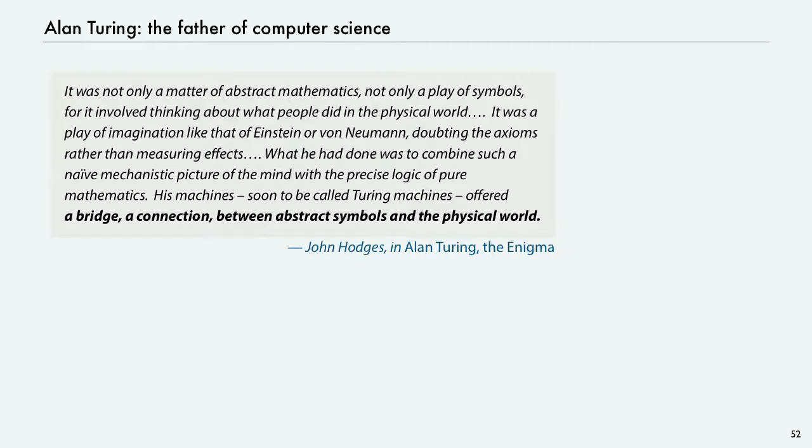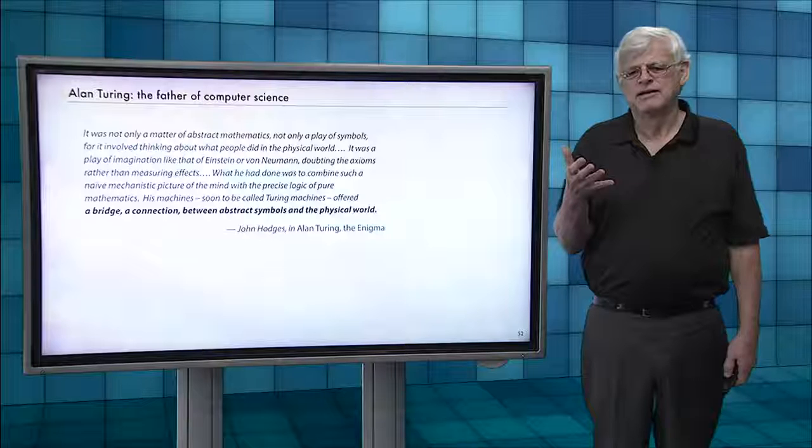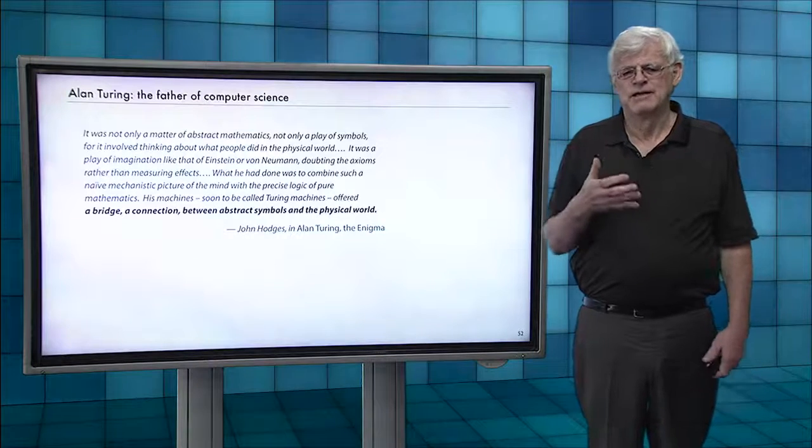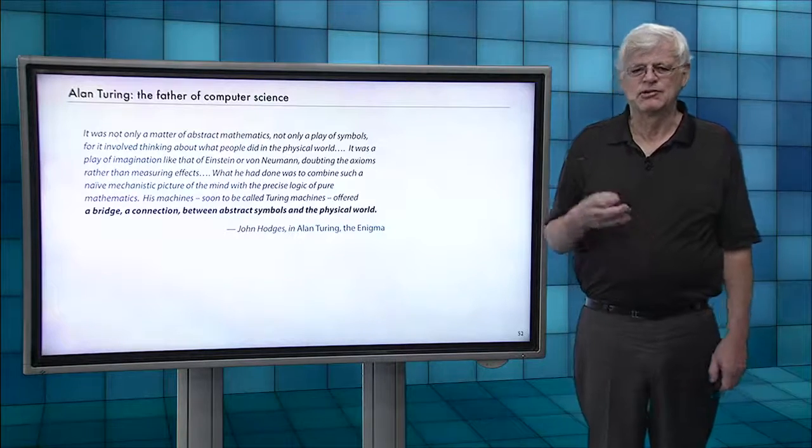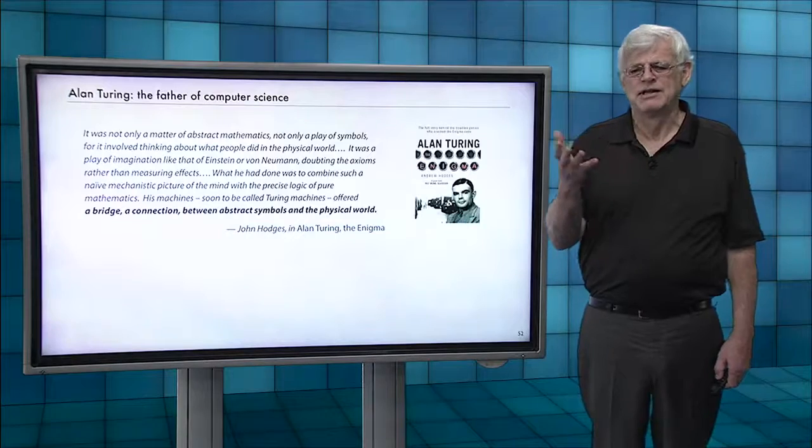What he had done was to combine such a naive mechanistic picture of the mind with the precise logic of pure mathematics. His machines, which were soon to be called Turing machines, offered a bridge, a connection between abstract symbols and the physical world. And that's the true significance of this work, and it has really had important implications in the development of the computational infrastructure that we now enjoy.